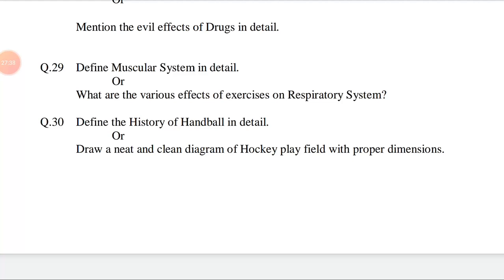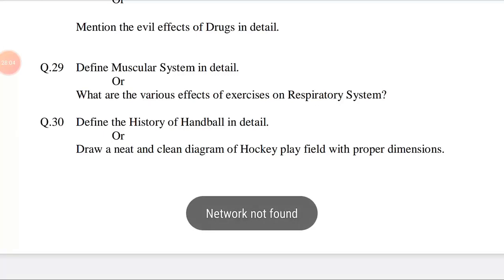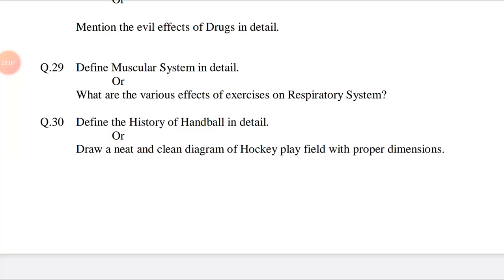The answer may be handball in early days, handball in modern era, handball in Olympic, handball in today, or draw a neat and clean diagram of hockey play field with proper dimensions. This question is also related to chapter number 6, Concept of Major Games and Sports.